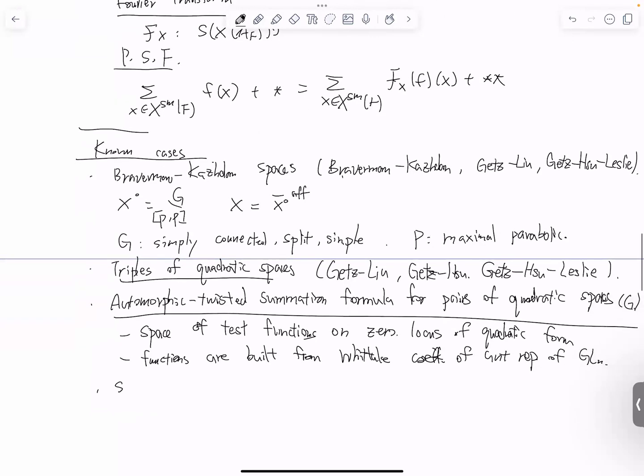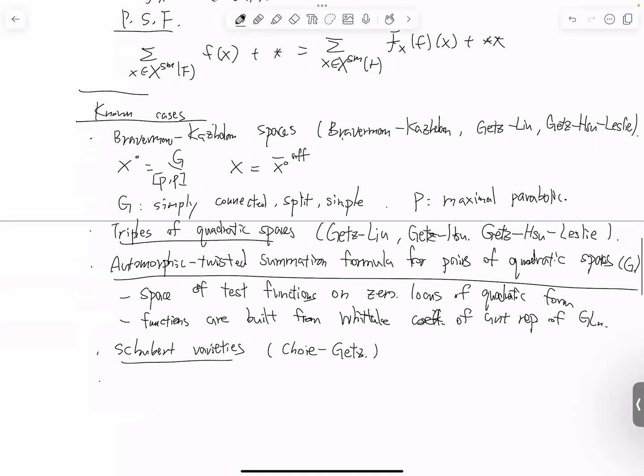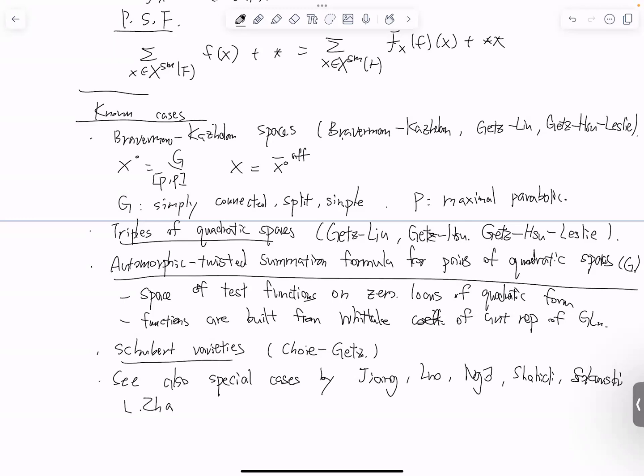And there's also Schubert varieties. This is based on Getz. And there's also some special cases by Jiang, Luo, Ngo, Shahidi, Sakellaridis, and L. Zhang, and so on.